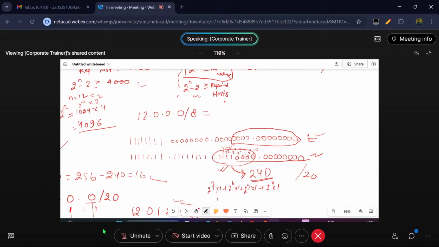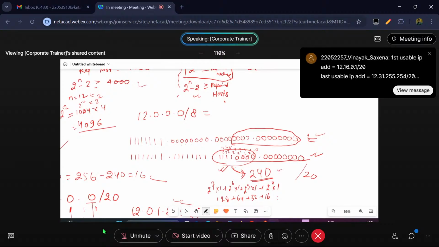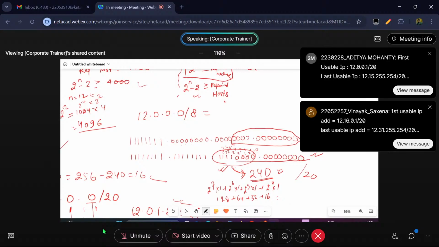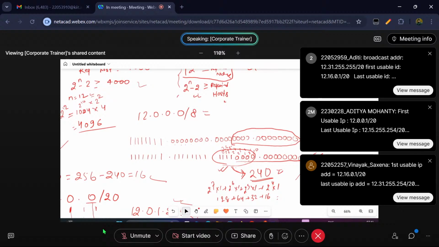That is 128 plus 64 plus 32 plus 16. If you add it, you get 240, the value that comes from the change octet, the third octet having 1 and 0 combinations.